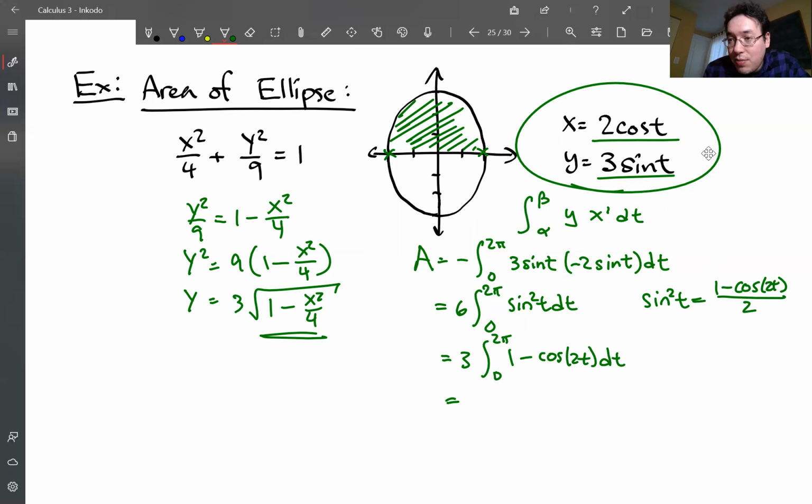All right, let's find the antiderivative now. So the antiderivative of 1 is just t. And the antiderivative of cosine of 2t, well, I have to do a u sub. So u is equal to 2t, and that will contribute 1/2.